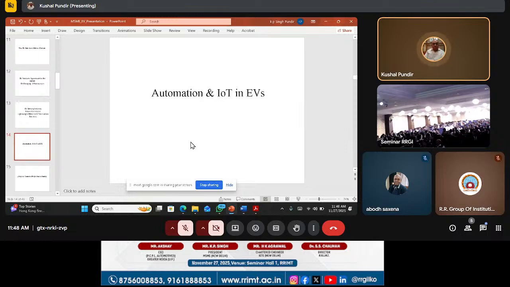Then of course the lightweight material and fabrication business will also grow, because we need lightweight bodies for higher ranges, and this creates demand for composite materials, aluminum alloys, plastic molds, and precision fabrication. Students from mechanical and electrical departments can easily start such businesses at MSME scale.